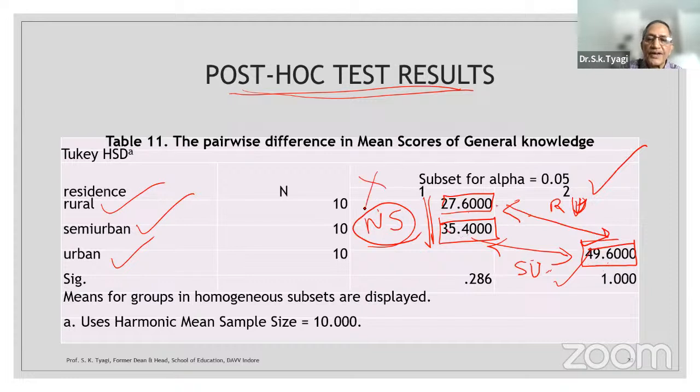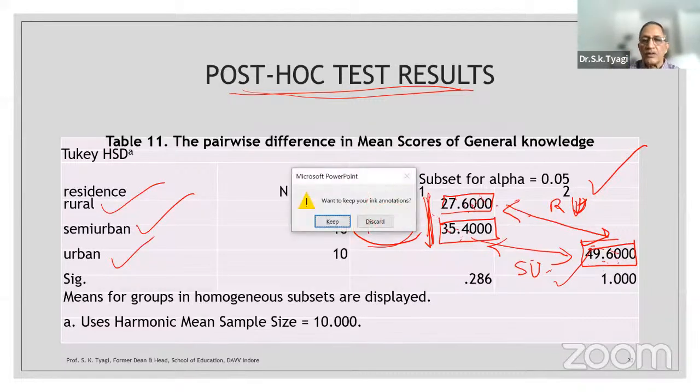This result we did not get. Why? Because we chose urban as the reference category, and we got two beta coefficients, one for rural, another for semi-urban, and both of these beta coefficients were significant. Therefore, there was a significant difference in these two pairs of mean scores. But we did not get any information regarding this. So the results of this tally with this.